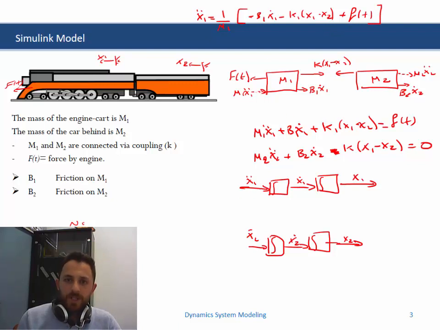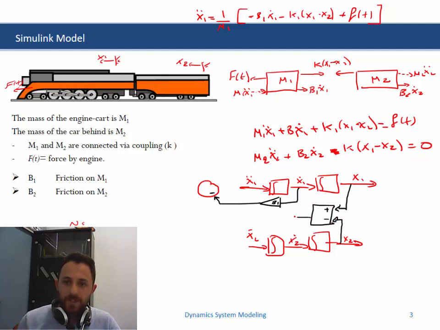So x1 double dot is made up of summing three elements, so we need a summation element, in which we have minus p1 x1 dot, k1 times (x1 minus x2), where we get x1 and subtract it from x2, multiplied by k1, plus f of t.